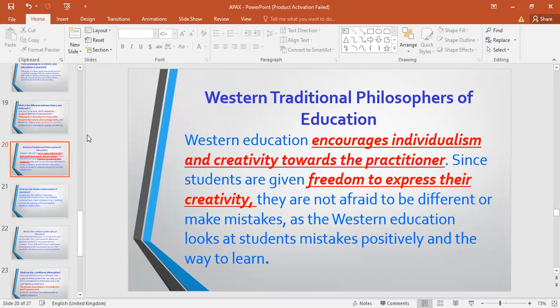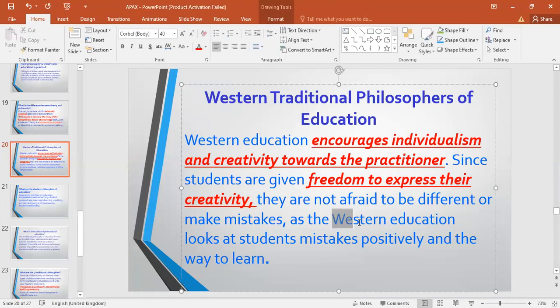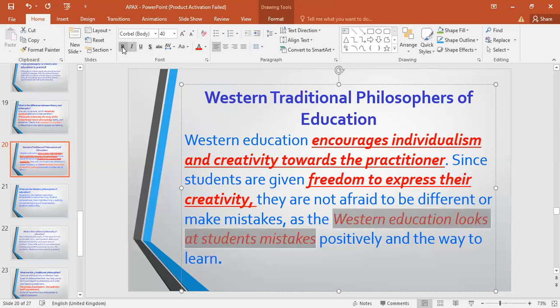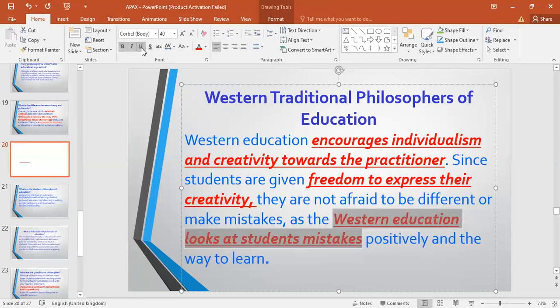When you are preparing a lesson plan, you have to think whether you can do these activities with this Western education method. If it is acceptable, you can go ahead, but you have to think about any mistakes first. After that only you can do it.